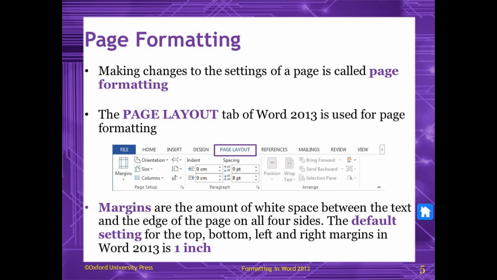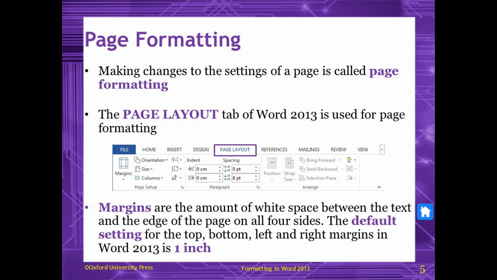So let's start from page formatting. Page formatting is making changes to the settings of a page, and all these settings can be done from the Page Layout tab of Word 2013, as shown in the video.